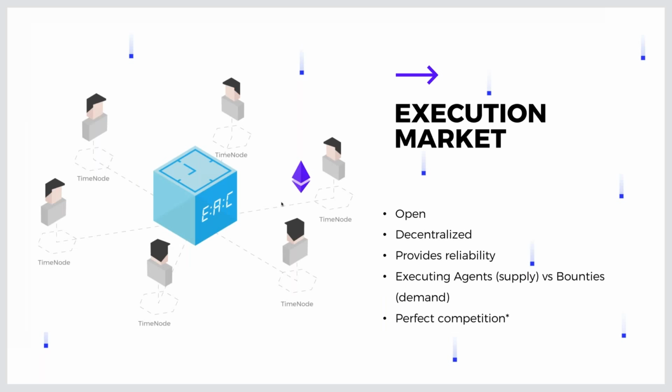So, the execution market. We know what delegated execution is, and essentially we have multiple time nodes, as we call them in the Ethereum Alarm Clock, but more generally these are the execution agents. Because the delegation is open and incentivized, we are observing a market created by those executing agents.